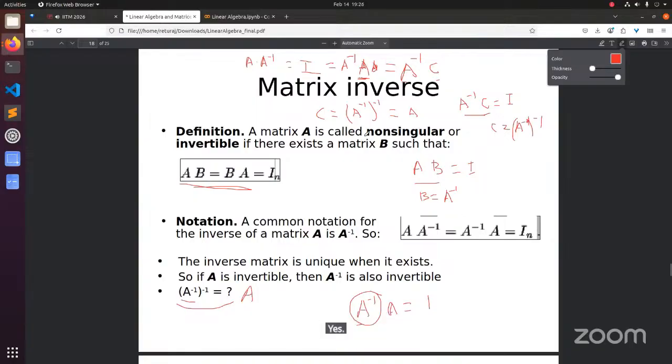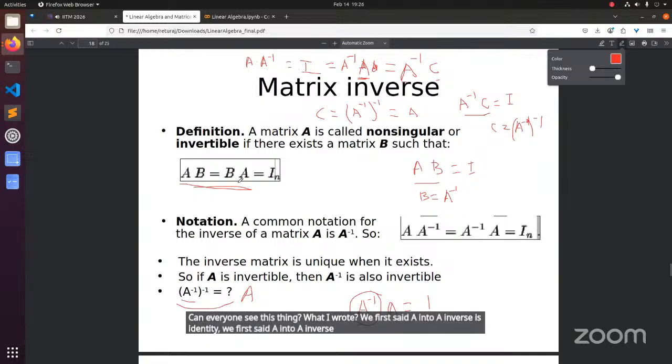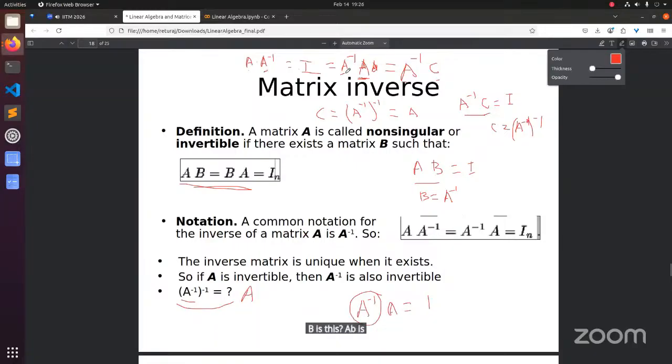Yes, sir. Can everyone see what I wrote? We first said A into A inverse is identity, and since A into B is equal to B into A, we wrote A inverse into A. B is A inverse, so we wrote B into A, and they are all equal to identity.